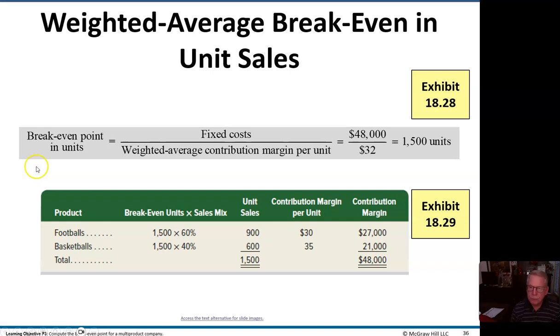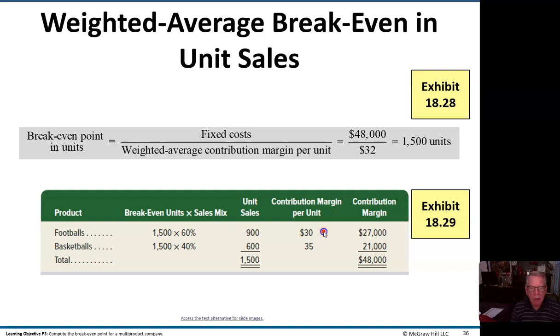Now, my break-even point in units is going to be the fixed costs, which is $48,000, now divided by $32 of the weighted average contribution margin per unit, and that gives me 1,500 units. And so I can take 1,500 times 60%, and that means I will be selling 900 footballs and 600 basketballs for a total of 1,500 units.